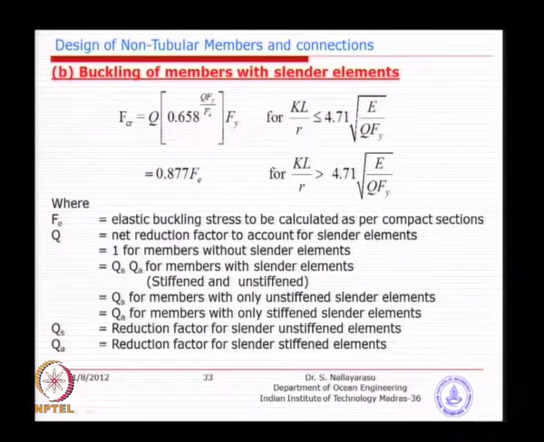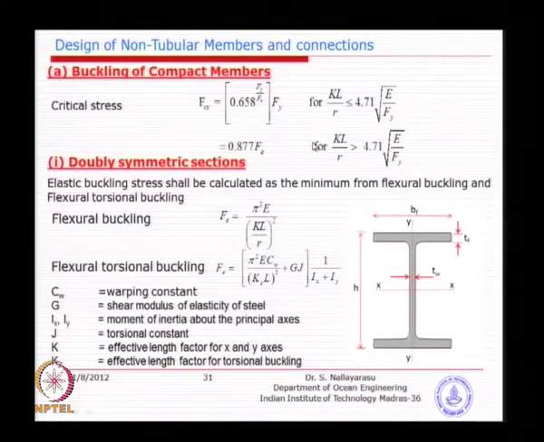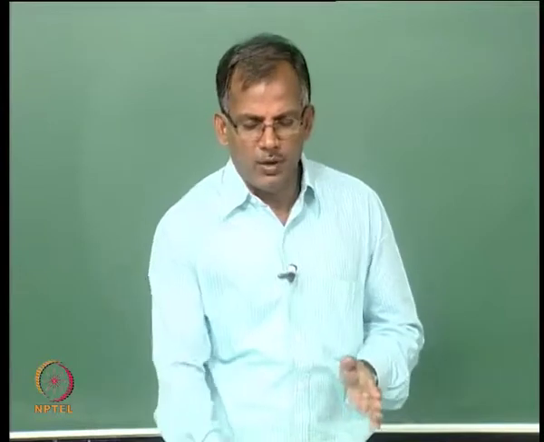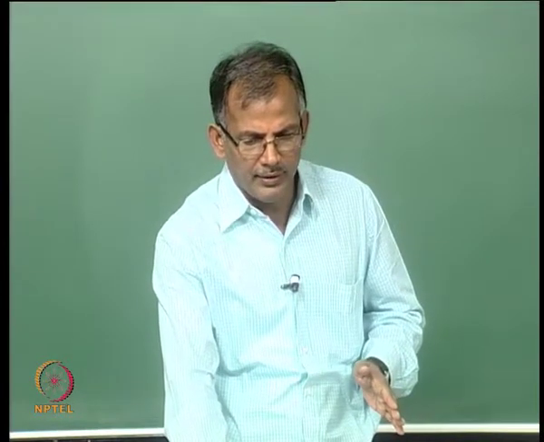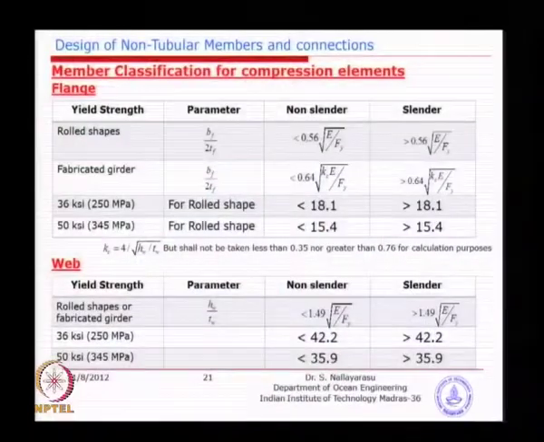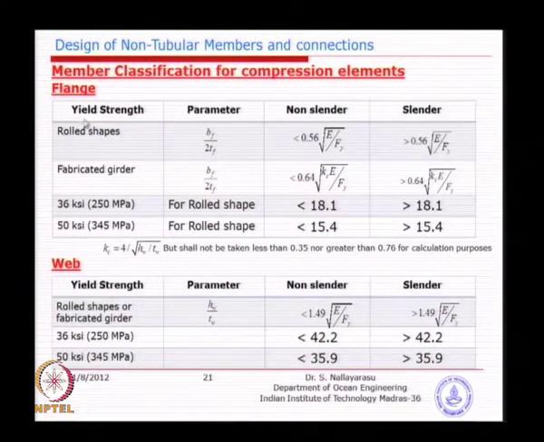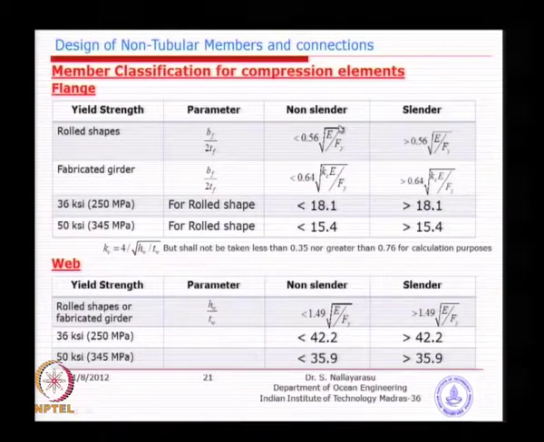Now, whatever we saw was basically buckling of compact members, non-slender elements. That means you classify; you saw one table here, just go back here for clarity. Member classification for compression elements: we had flange, we had web, that means non-slender.